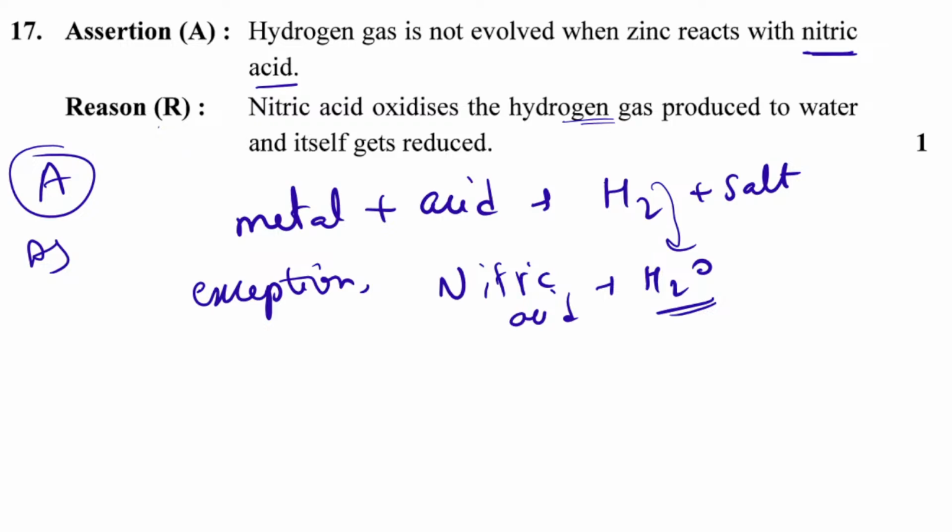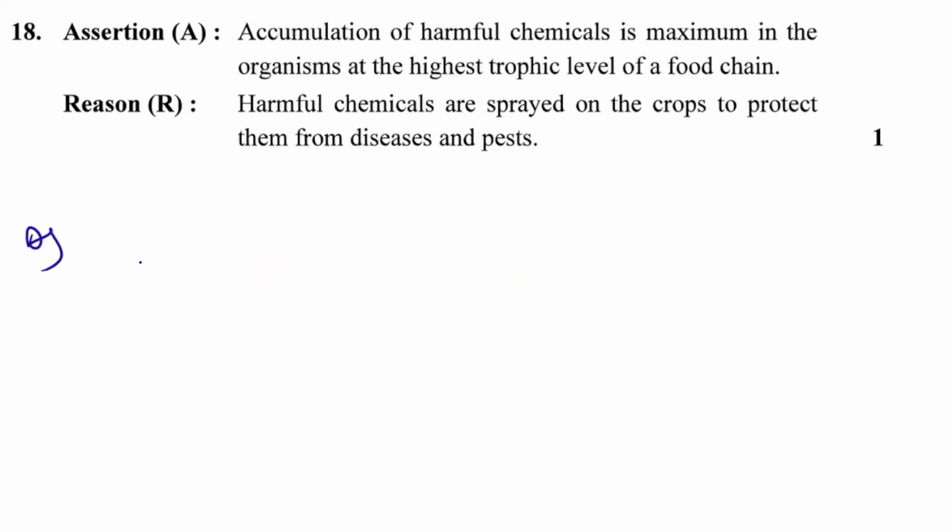Okay, let's move to the next one, the 18th one. Accumulation of harmful chemicals is maximum in the organisms at the highest trophic level of the food chain.